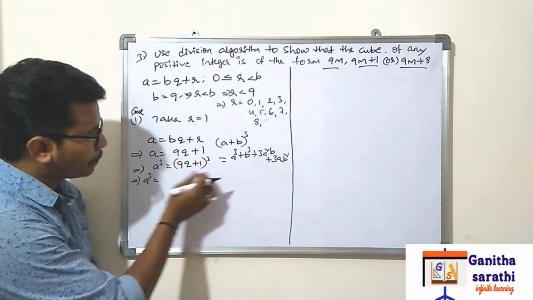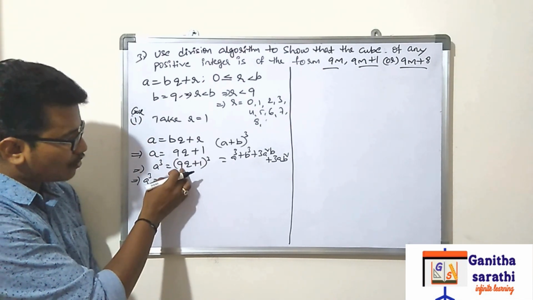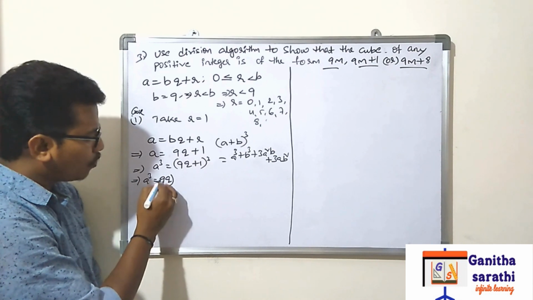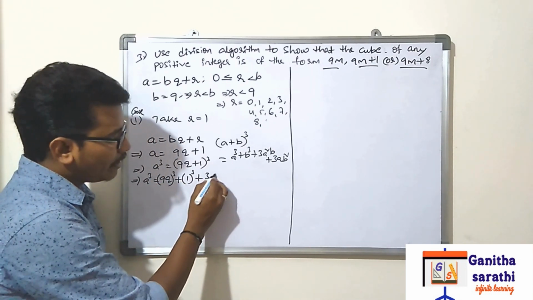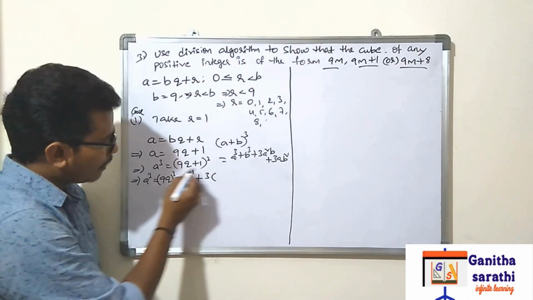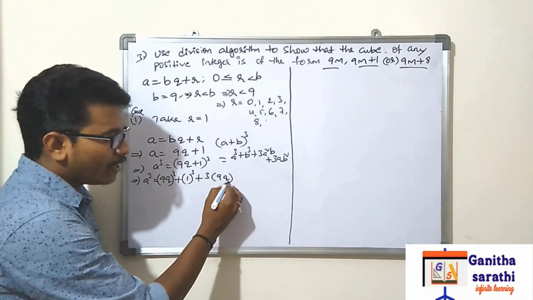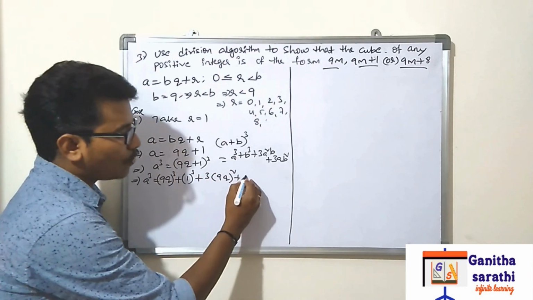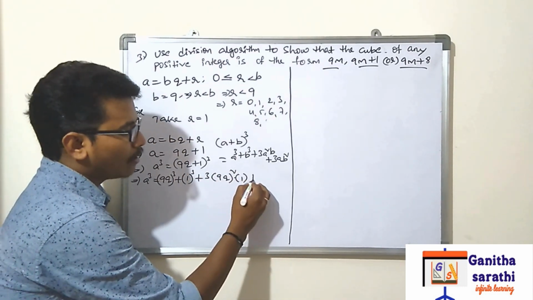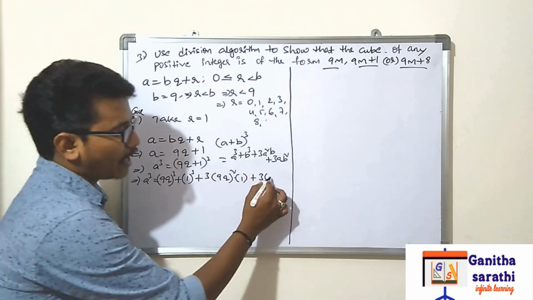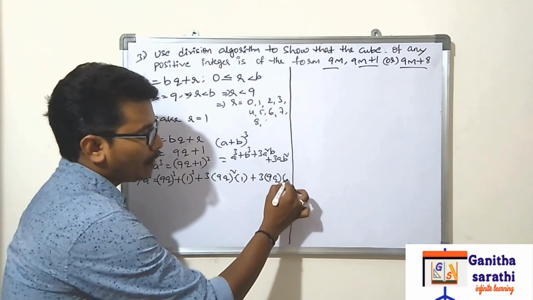a cube is equal to, what is a plus b? The a value is 9q. So (9q) whole cube plus b cube, the b value is 1, plus 3 into a square, (9q) whole square, into b, which is 1, plus 3 into a, which is 9q, into b square, which is 1.